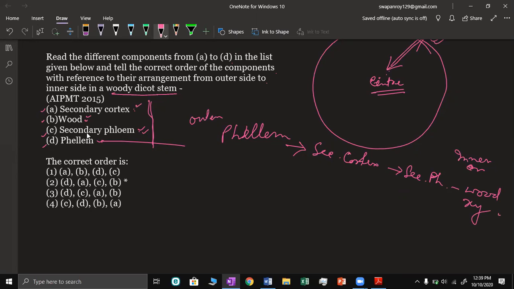First is D, then A, after this C, and then B. DACB. So this option 2 is the correct answer.